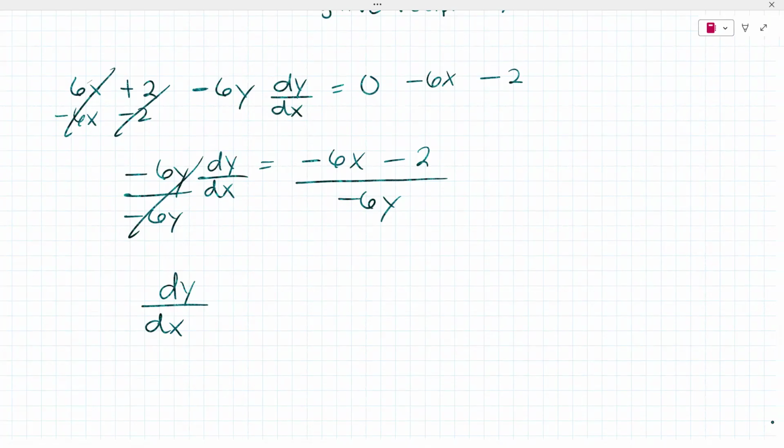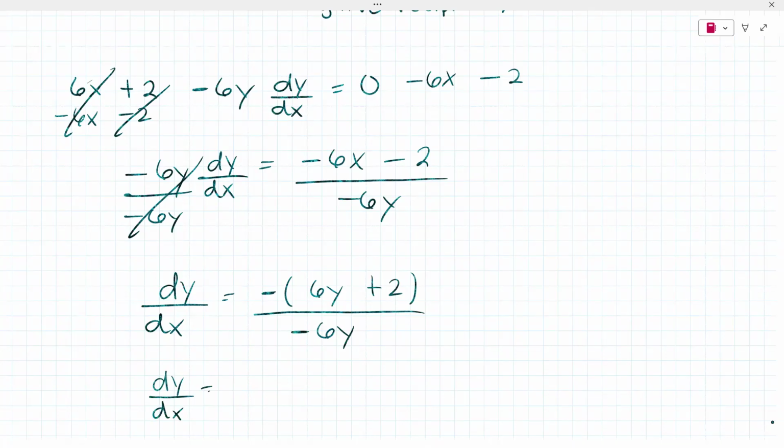Okay, so could we get rid of anything on the top? Maybe like a minus? Okay, so if we do that, 2 negatives becomes positive, so your dy dx is 6x plus 2 over 6y.